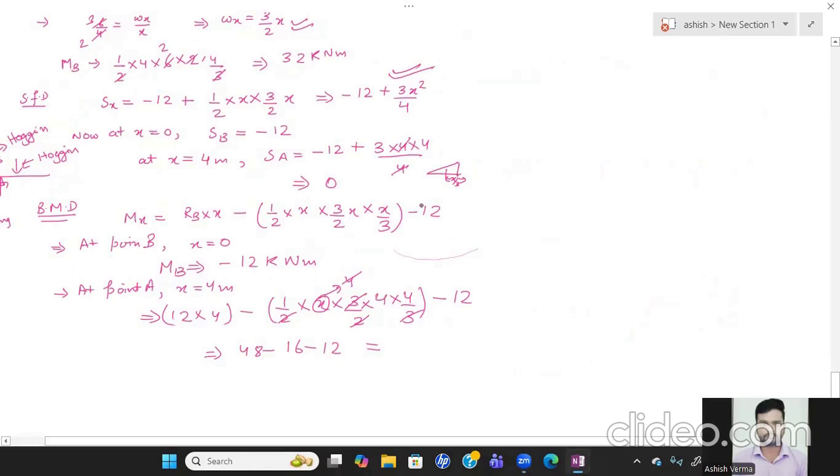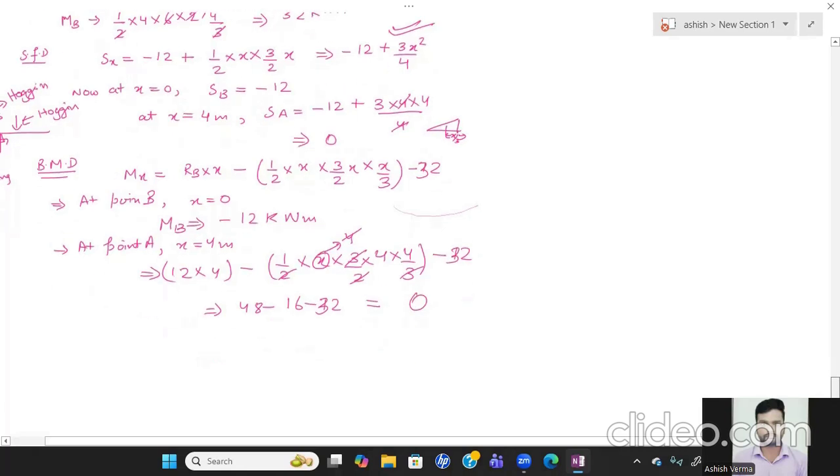The value of MB we have found out is equal to 32. Therefore, it's 32, and therefore the net summation is equal to 0. So we can see that the bending moment at point A is 0, and shear force is also 0. After that, we'll draw the variation of shear force and bending moment.